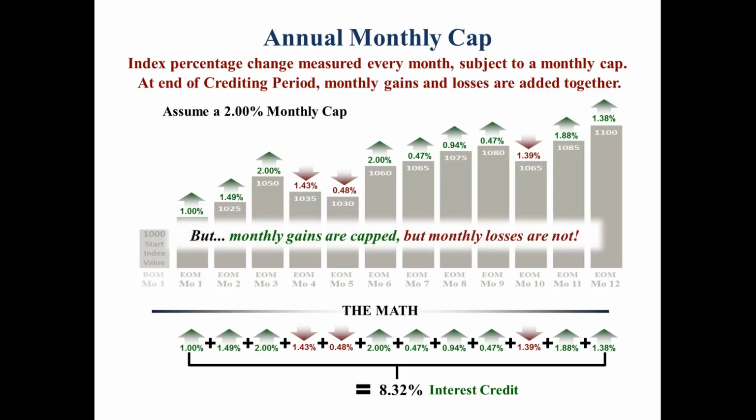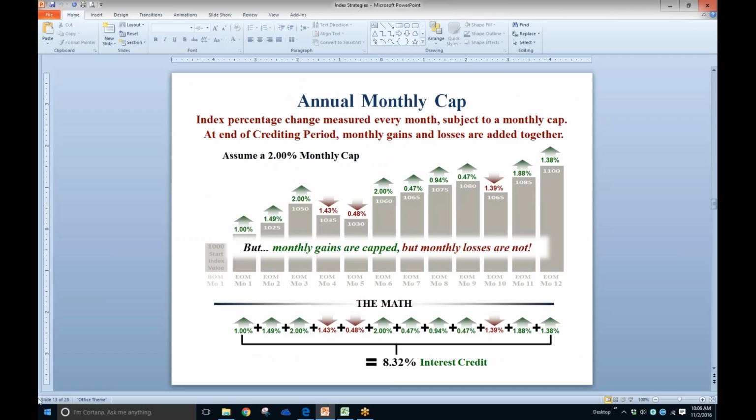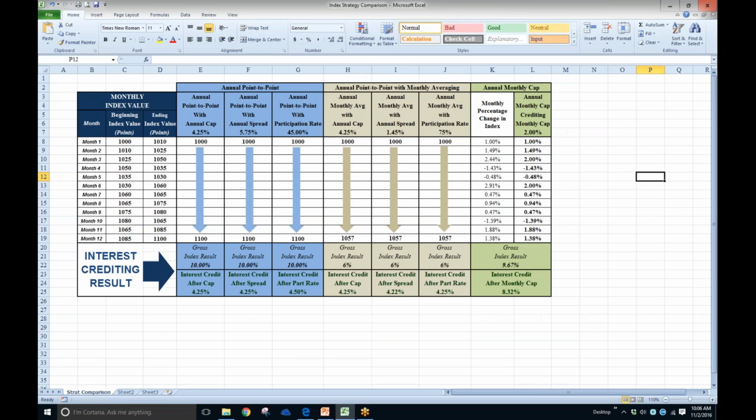Here's the Achilles heel of this strategy. Monthly losses are not capped. So monthly gains are capped, but monthly losses are not. What this means is if we get a big monthly loss, it can wipe out everything else. Does that make sense to you? Right. Oh yeah, yeah.